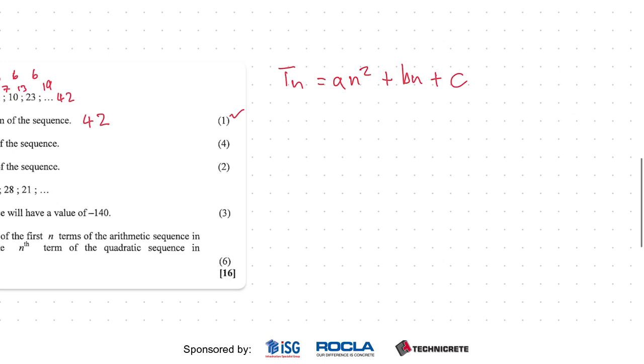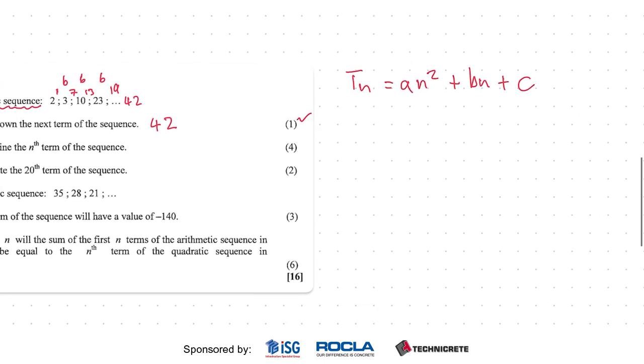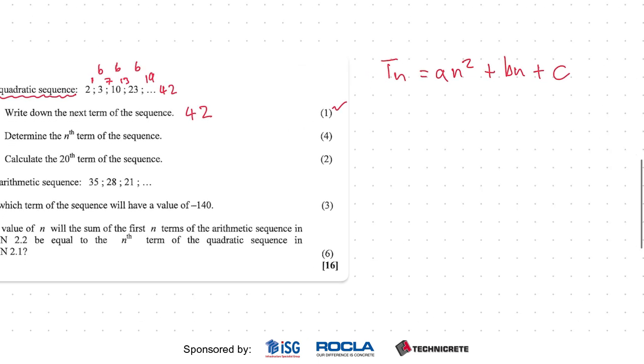But okay, the difference of the difference is 6. So we need to figure out what each term A, B, and C are.